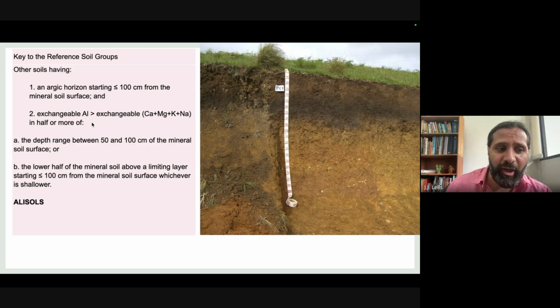So in the case of alisols, we have a dominance of high activity clays. So we can register here some 2-to-1 minerals, no problem. But what is quite important is that we register a higher content of exchangeable aluminum than exchangeable bases. Okay, so argic horizons, high activity clays, and a higher content of exchangeable aluminum than exchangeable bases.